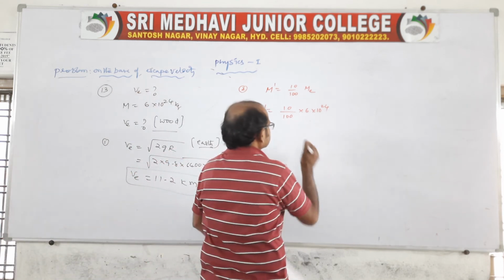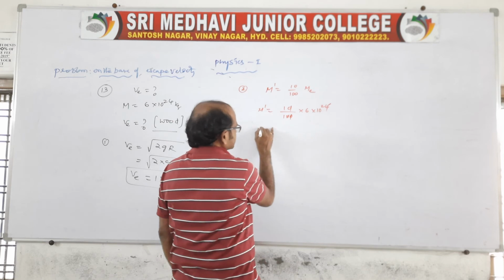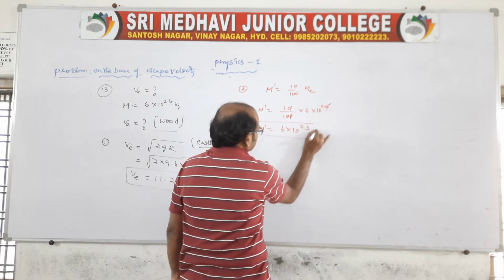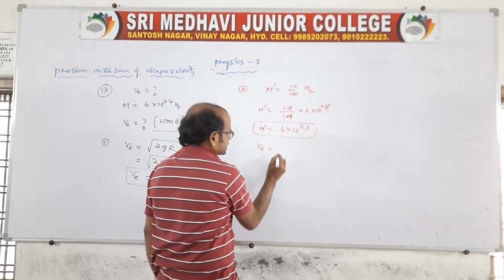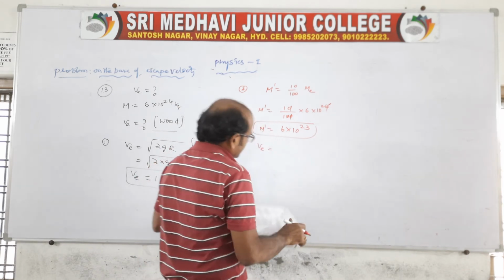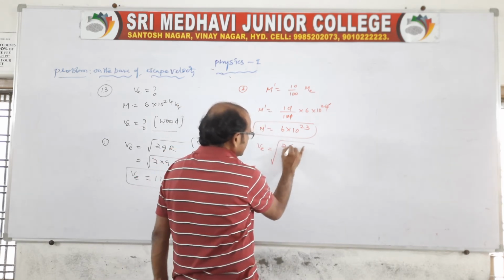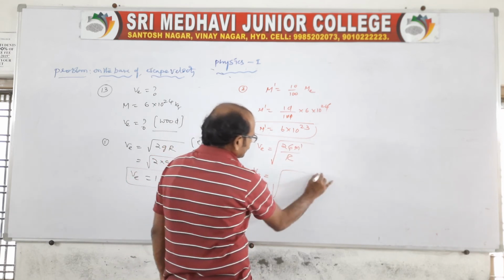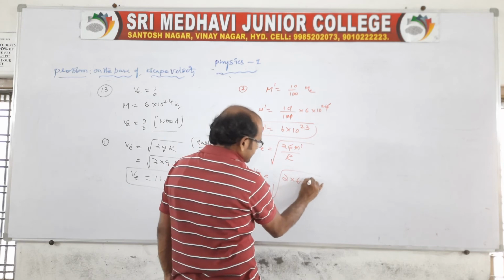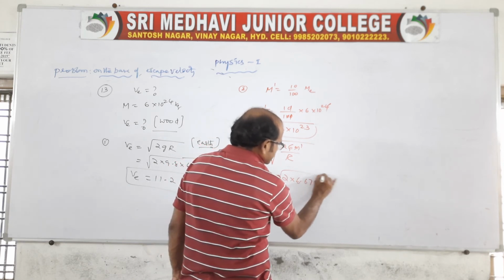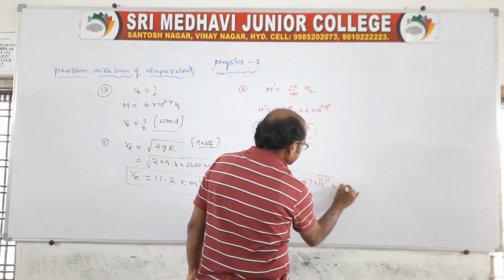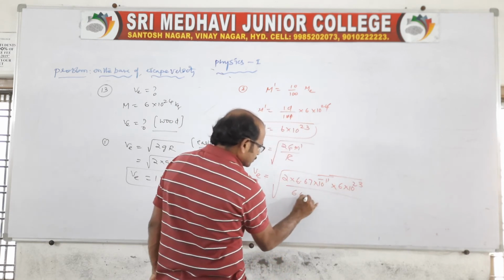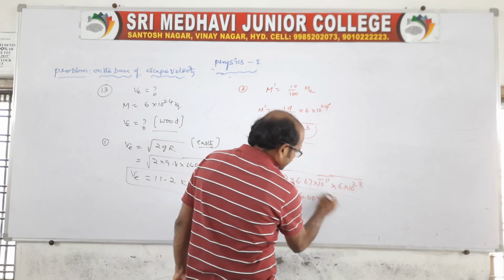So M dash will be 6 × 10^23. Now escape speed V_E is equal to root over 2G M dash by capital R, so V_E is root over 2 × 6.67 × 10^-11 × 6 × 10^23 by 6400 × 10^3.